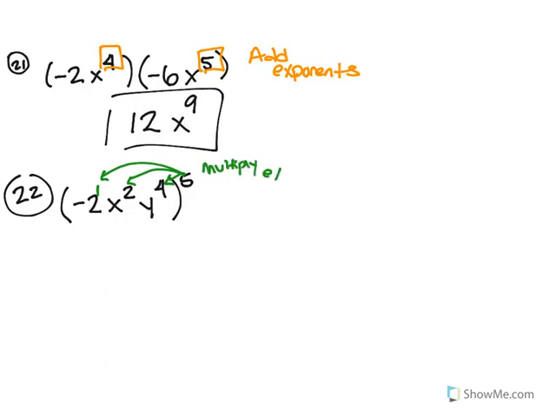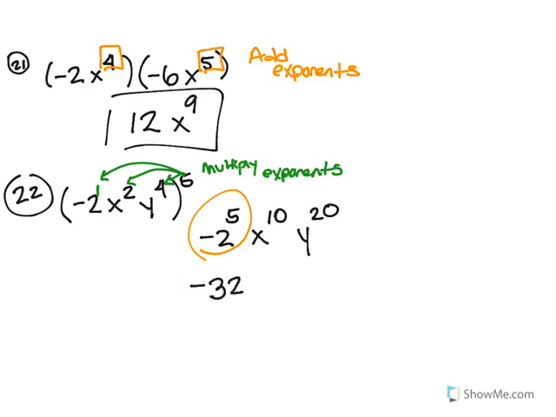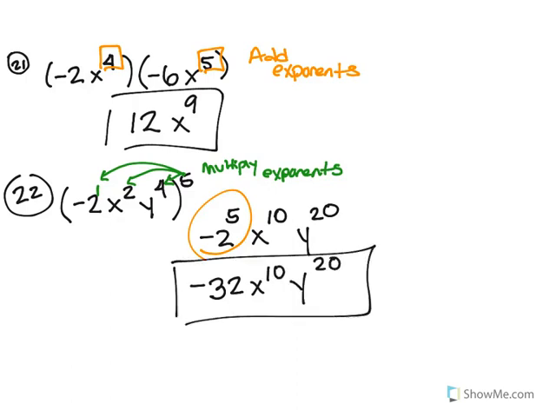Make sure you multiply those exponents together. So that would give negative 2 to the 5th power, x to the 10th, and y to the 20th. So you're going to evaluate your coefficient number, and that's going to give you a negative 32. Negative 2 to the 5th is negative 32, x to the 10th, y to the 20th, okay?